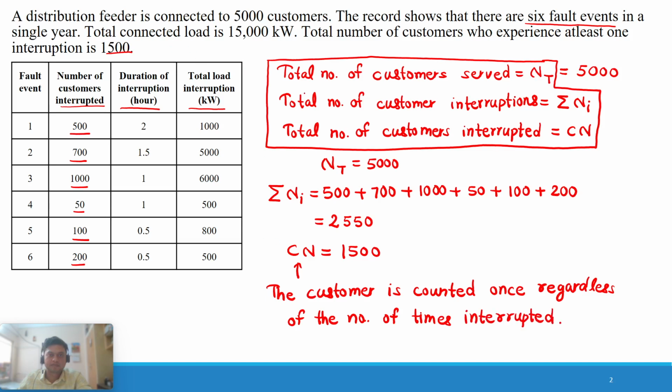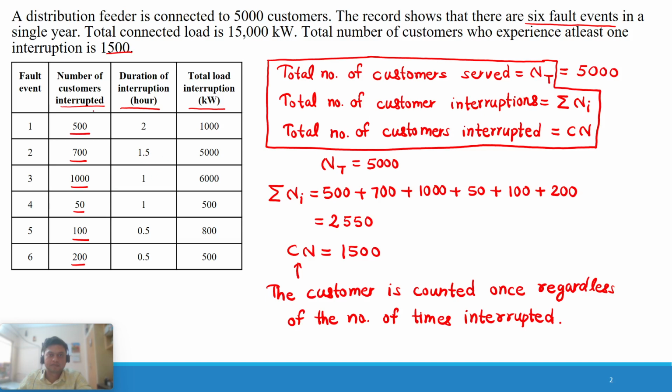So these are the data related to the number of customers. We should know the following terms: NT, the total number of customers served, that is, how many customers are connected to the distribution feeder, which is 5000; and the total number of customer interruptions, which should include all the interruptions by each and every fault event. So it is the summation of Ni, and we have calculated this. And the last point, which is very important, is the total number of customers interrupted, that means CN, which counts the customer only once, regardless of the number of times interrupted.